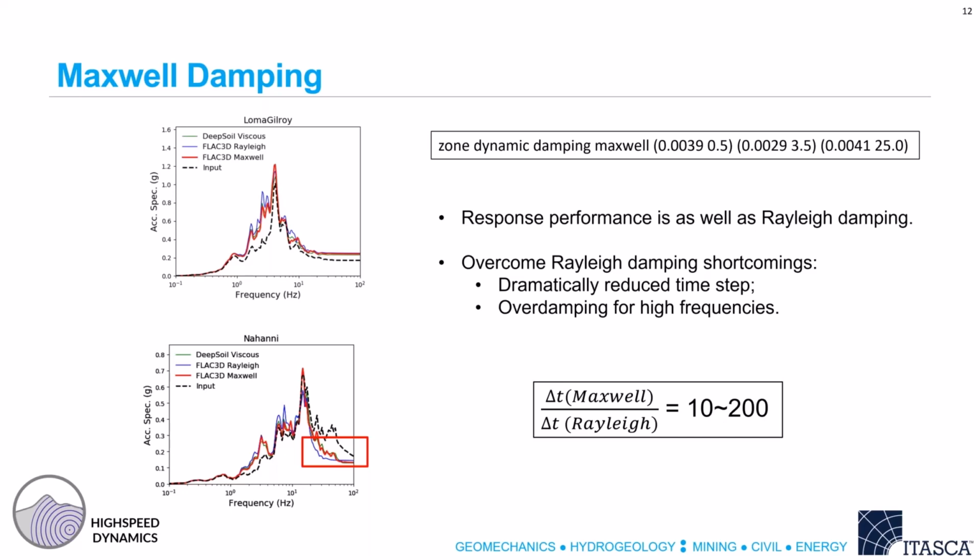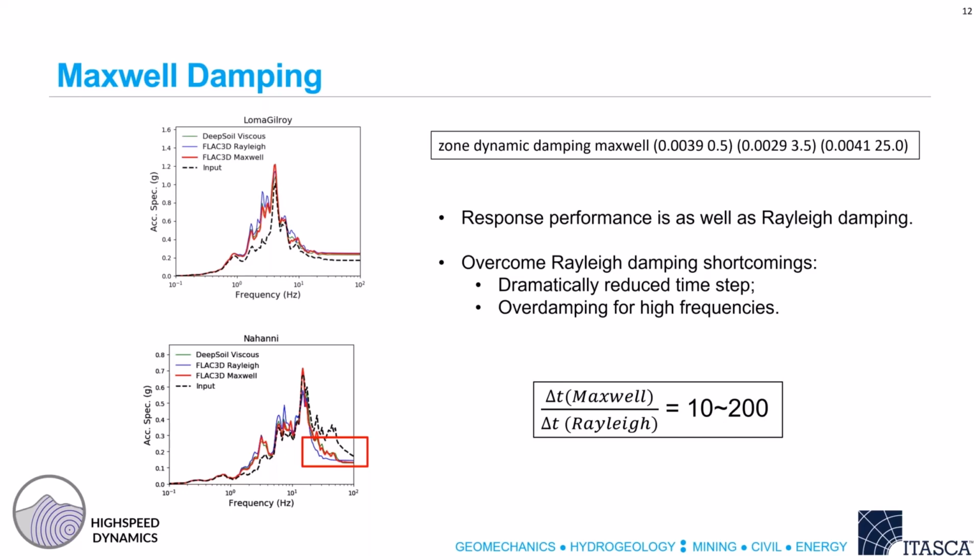You can see that all three methods have very close results. However, if the input motion is non-harmonic, this motion has more high frequency content. We can see that FLAC3D Maxwell damping is actually closer to the DeepSoil viscous result, because Rayleigh damping was overly damped in the high frequency range.